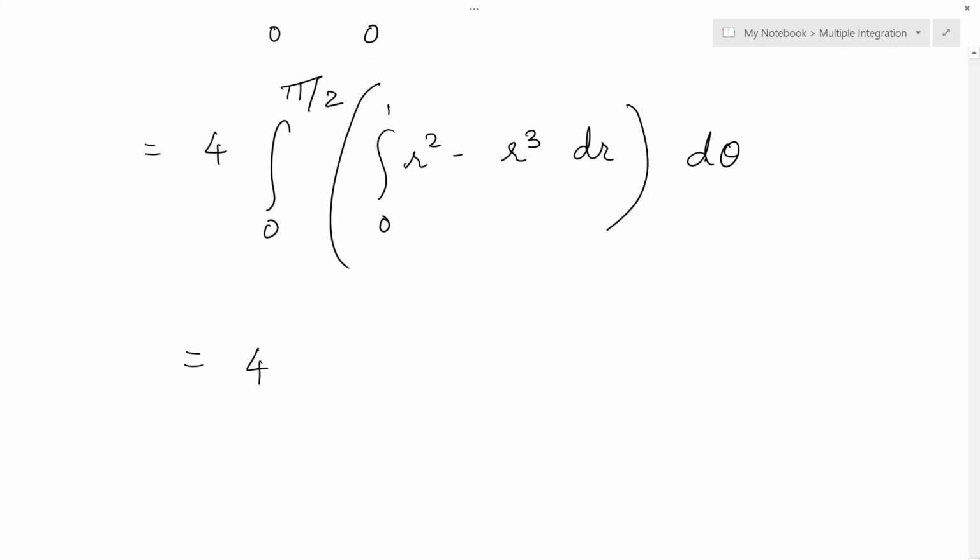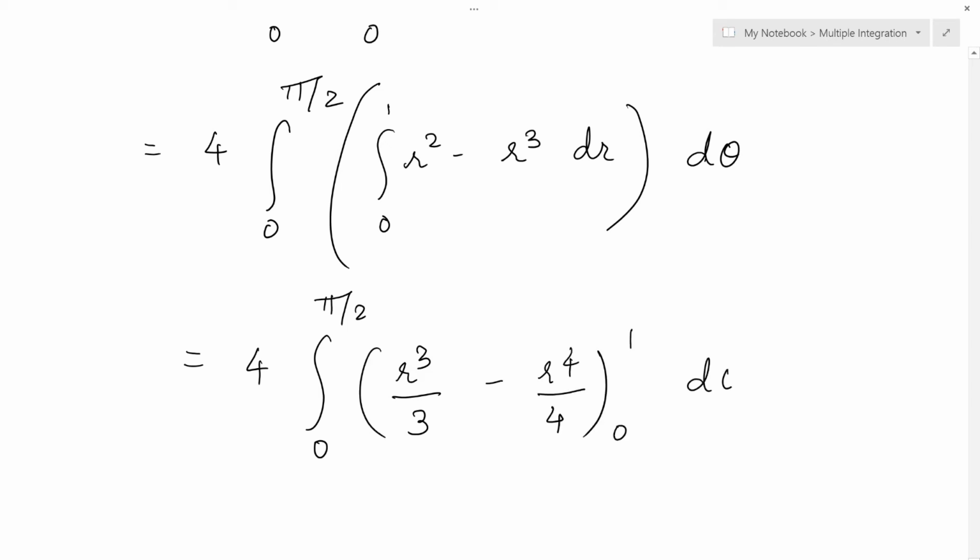Right? So let's integrate with respect to r. So that will become 4 into 0 to pi by 2, r cube by 3 minus r raised to 4 by 4 d theta.